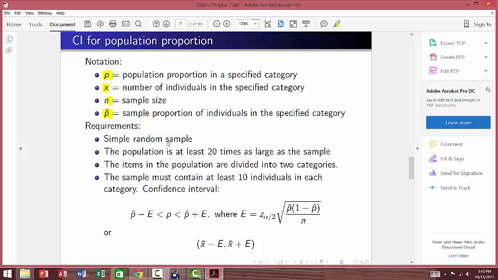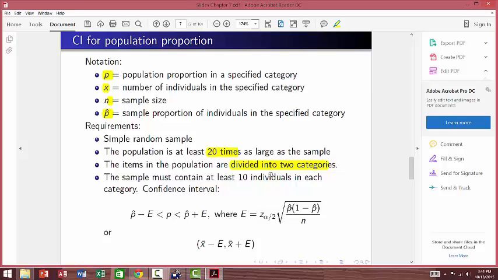The population is at least 20 times as big as the sample itself, and the items in the population are divided into two categories. So for example, if I am interested in the proportion of students at FCC that speak a foreign language, then what are my categories? Bilingual students and those that are not bilingual, right? And then the sample must contain at least 10 individuals in each category.